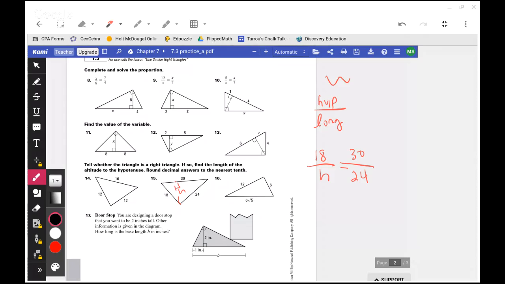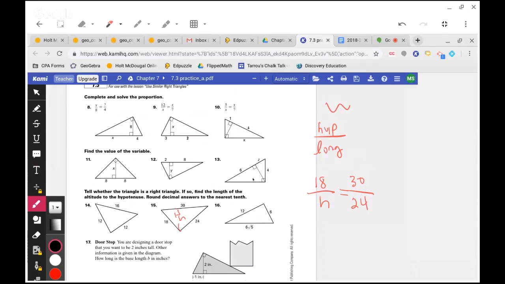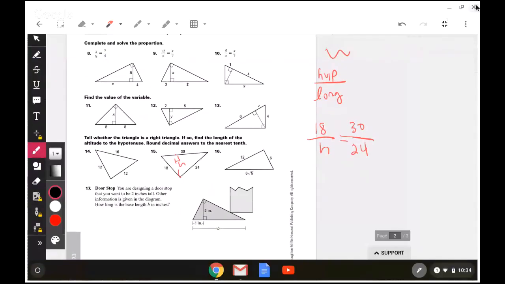Bookwork or worksheet? Okay, let me pull that page up.